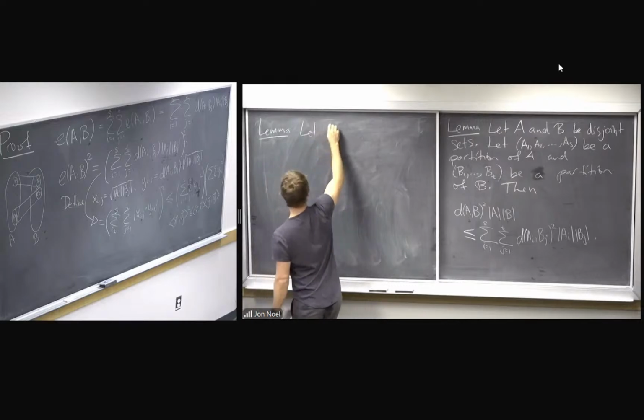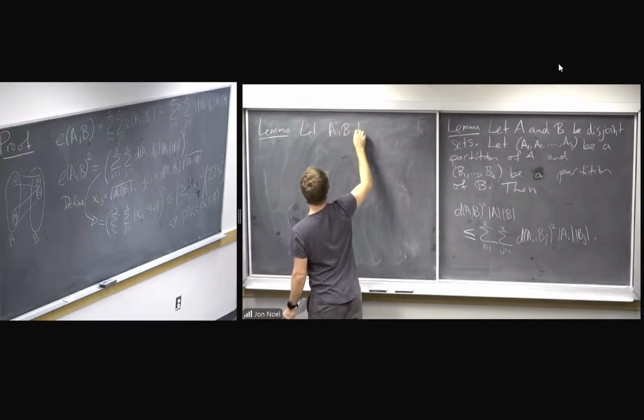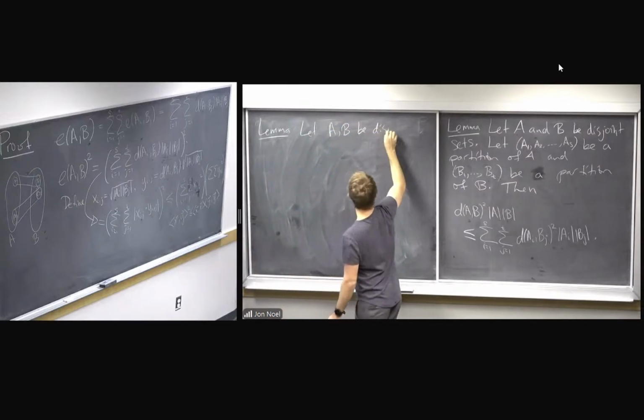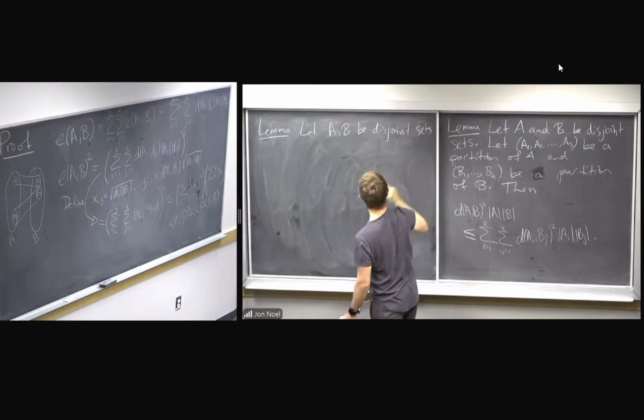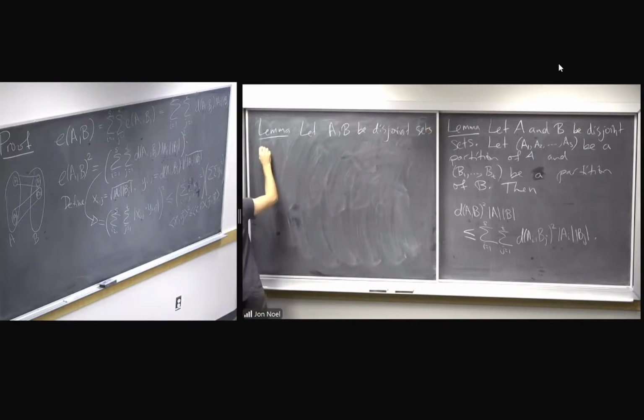Let A and B be disjoint sets. And we're going to think about splitting A into two sets and B into two sets.